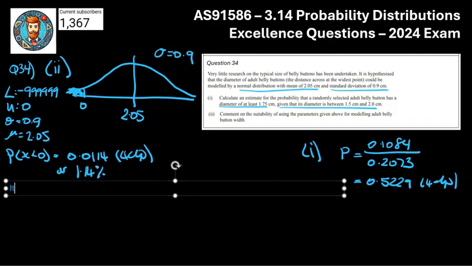So I started my comment with: it is not possible for belly buttons to have a negative diameter.